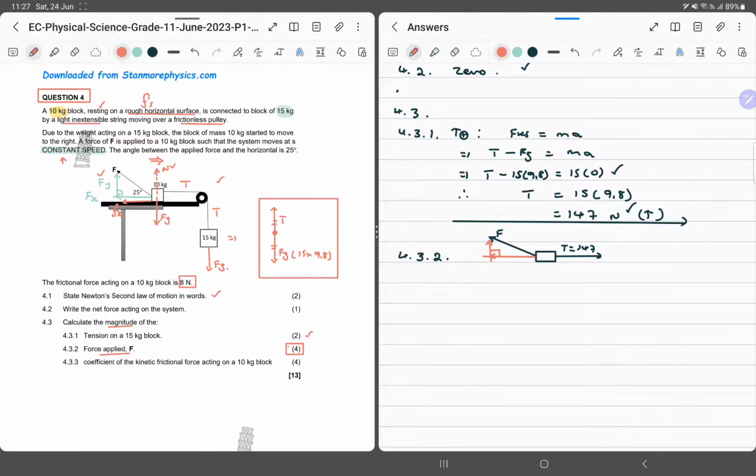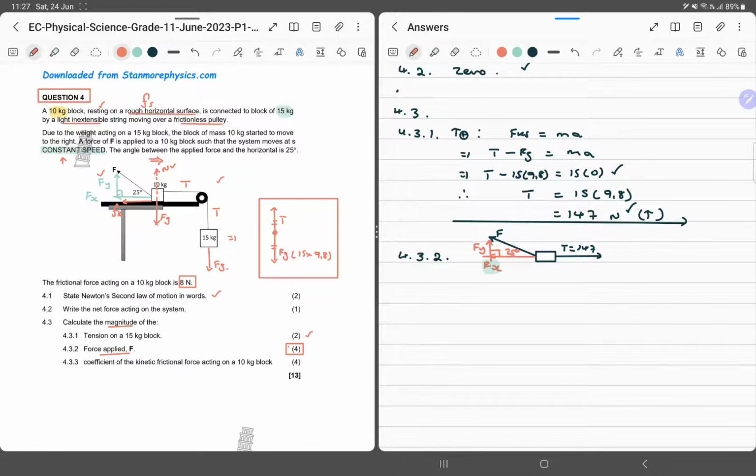These are perpendicular, so this is Fy and that is Fx, and that angle is 25 degrees. Okay, so we need to find Fx, because that can help us to find F.